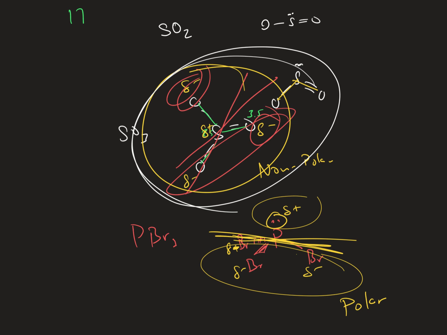A lone pair looks like this. And there are 0 lone pairs on the central atom. Yeah, there are lone pairs out here, but that's not the question. And when we determine the geometry, do we care about the lone pairs on the outside? No, just the central atom. Sure.